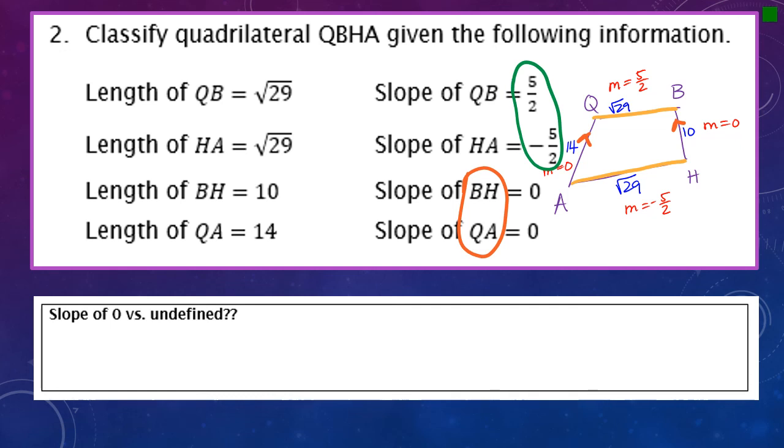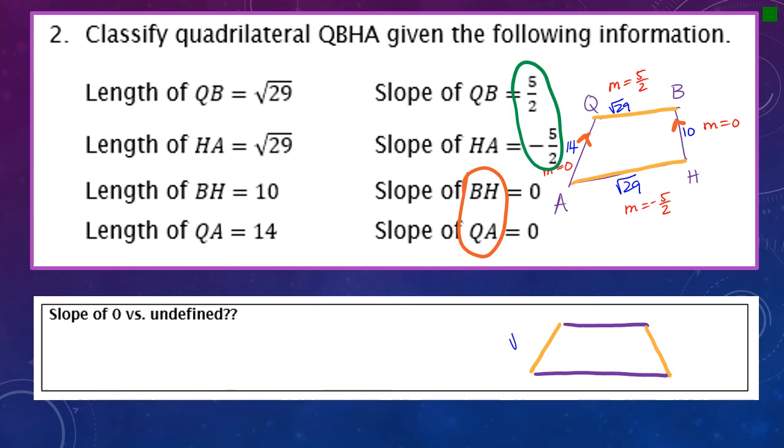So what this leads me to believe is that this is a trapezoid. So what I'm going to do a little bit lower, I'm going to actually redraw the picture so that it makes a little bit more sense. When you see a trapezoid, you usually see the two parallel sides horizontal. And then I have my two congruent sides, which I highlighted in yellow. So let me label these again.